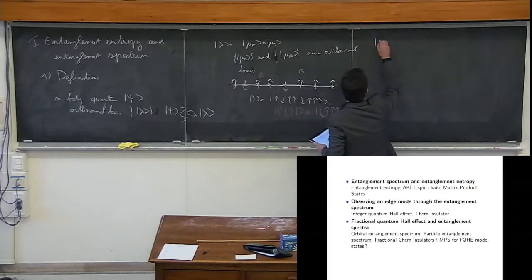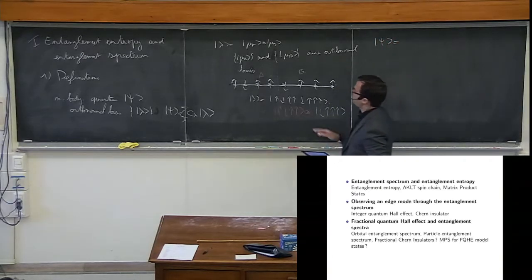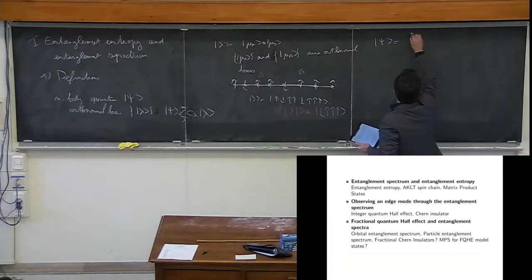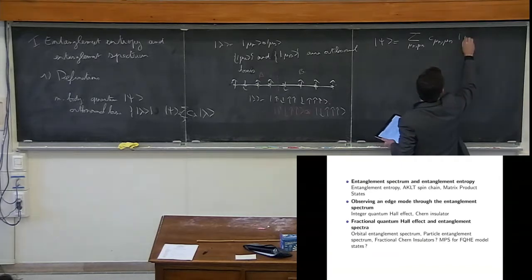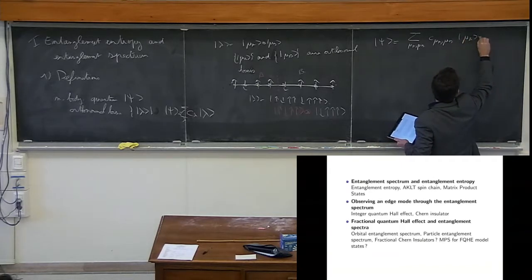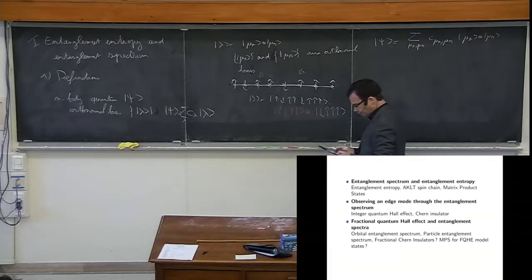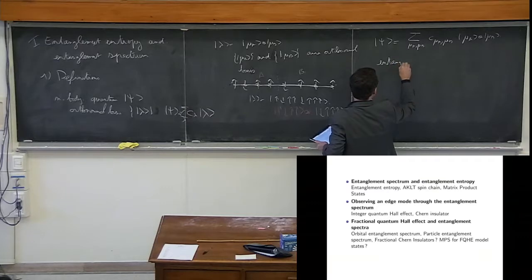So I can also decompose my state psi onto the many-body basis built as a tensor product between the A and the B part. So it will be a sum over mu A, mu B, C mu A, mu B, mu A, tensor product, mu B. So we define the entanglement matrix.